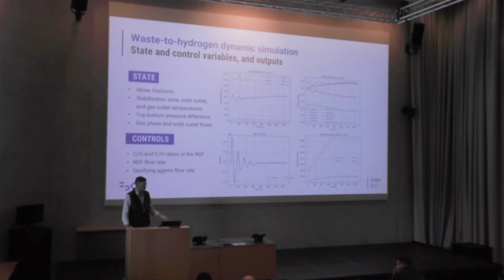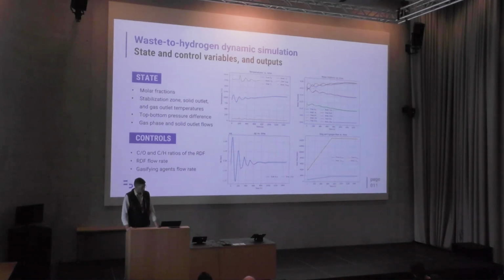So here you can see a test example where the prediction and the truth are almost overlapped. Maybe in the pressure drop plot, you can see that there is a small difference, so the model makes some small error, and we wanted to be able to read these things as outputs.